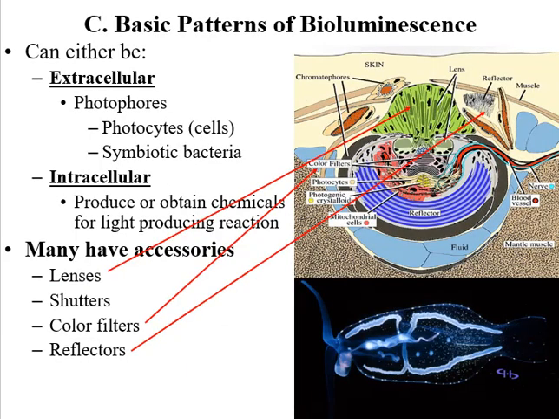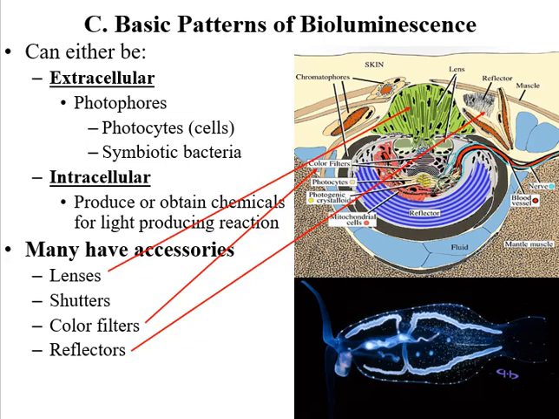So let's look at these patterns of bioluminescence. Like I said, there's a number of different types of reaction, a number of different types of wavelengths of light that are produced. But for the most part, you can have extracellular bioluminescence, where you've got the cells, basically, that have bacteria in them. These bacteria are what is bioluminescent.